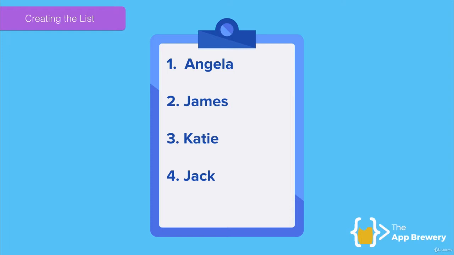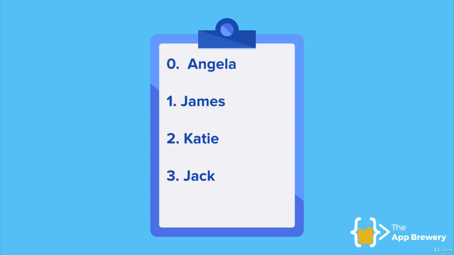And remember that when we're dealing with computers, they always start counting from 0. So that means that the first item is actually going to be the 0th item in the list, and then the order goes on logically. So when you're picking items from the list, you would refer to them by their index.